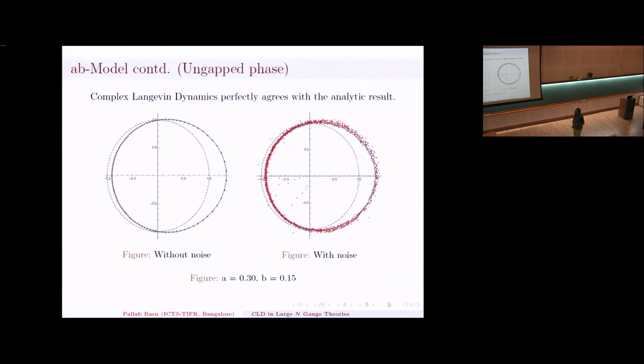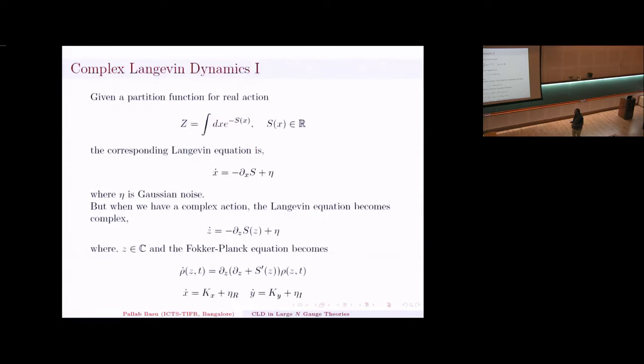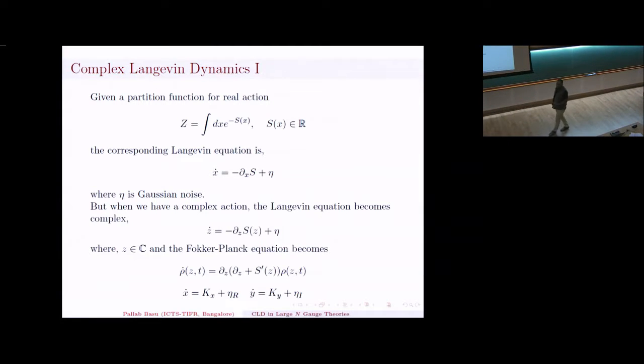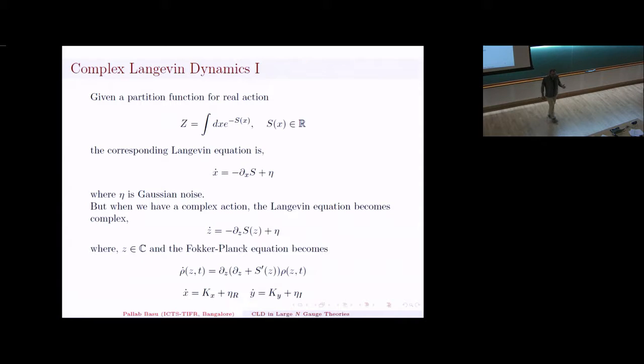Okay. So the question we would ask is, can we find these behaviors in various lower-dimensional, 0+1-dimensional matrix models from complex Langevin dynamics by doing a simulation? So what is complex Langevin dynamics? A very brief introduction, as I don't have much time left: if you have an integral like this, you complexify the variable fields, z dot is equal to minus the derivative of the action plus noise eta, and define a Langevin dynamics in the complex plane.